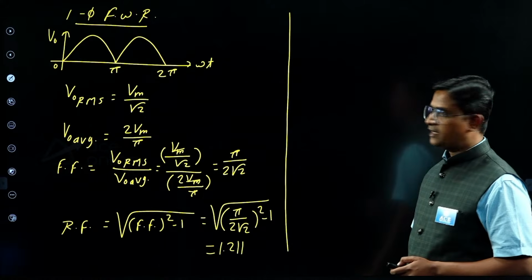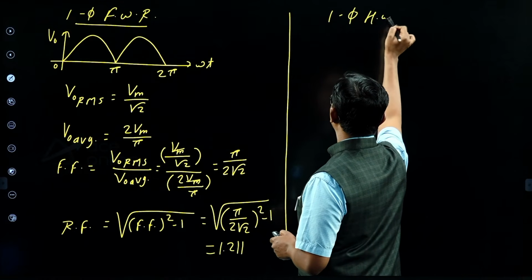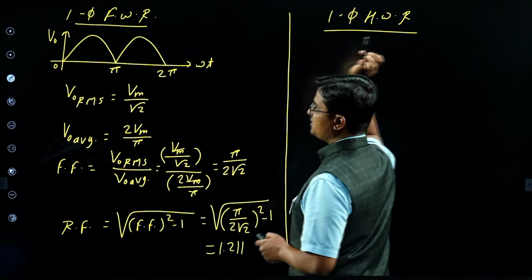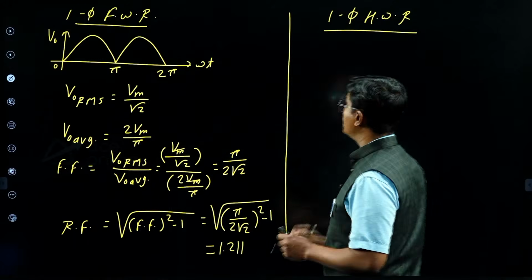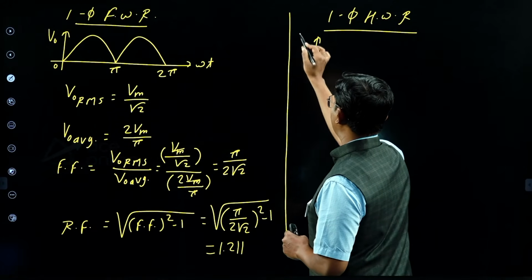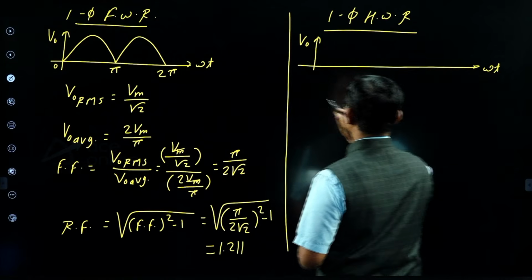Right. Next, second is half wave rectifier. In single phase half wave rectifier, corresponding to 0 to 2 pi we will be getting one pulse only in the output voltage. So my V0 waveform will be like this.